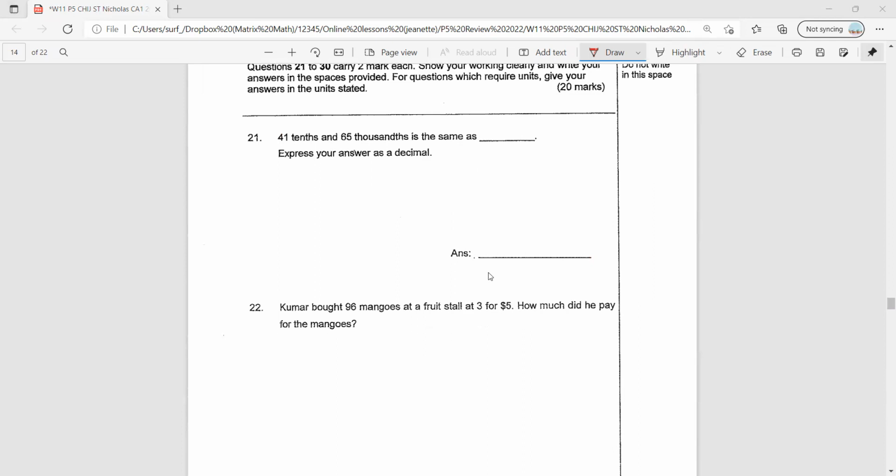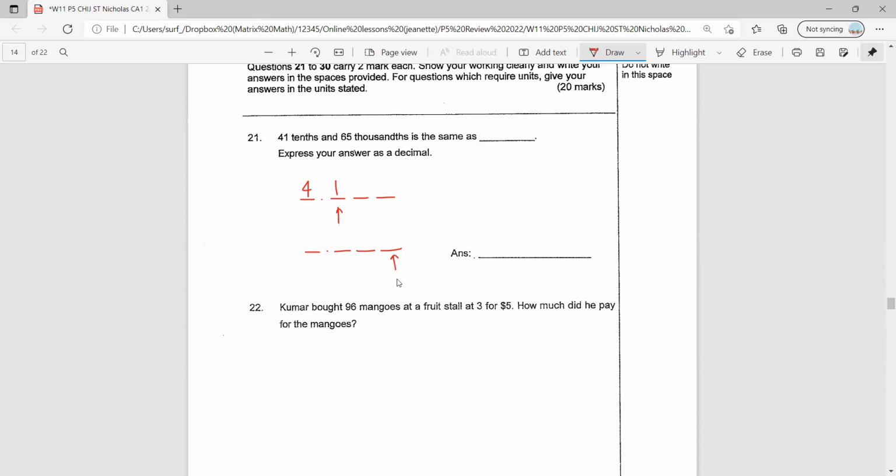41 tens and 65 thousands. Okay, so tens place. Tens place is here. So if it's 41 tens, right? Then you put the last number in the tens place, which is 1. So it's like 4.1. 65 thousands. Where is the thousands place? The tens, hundreds, and thousands.